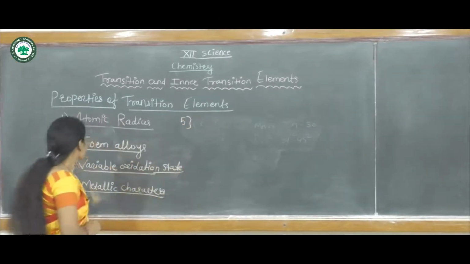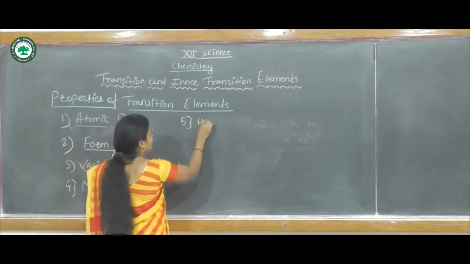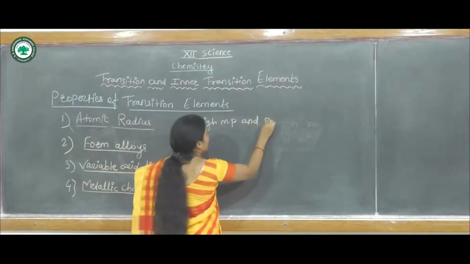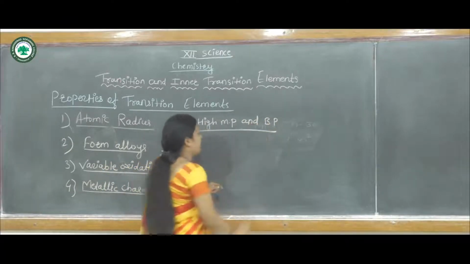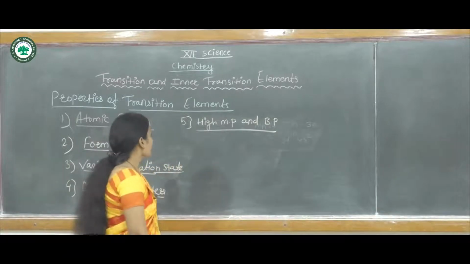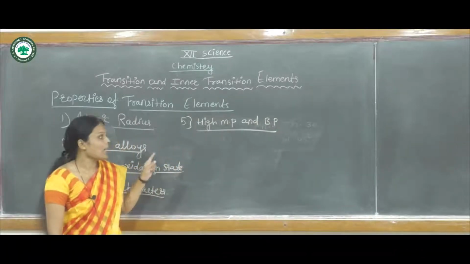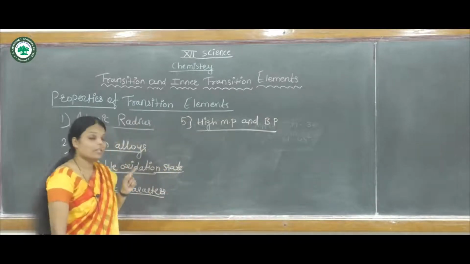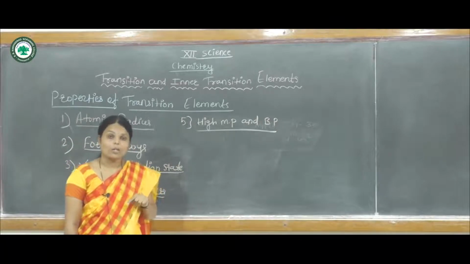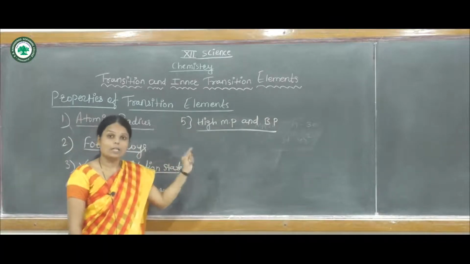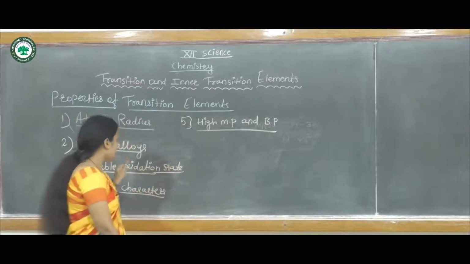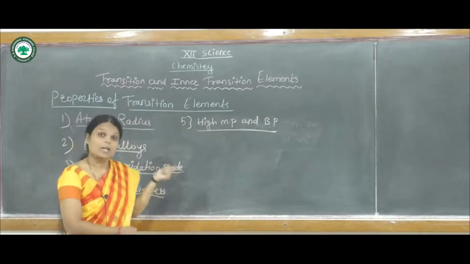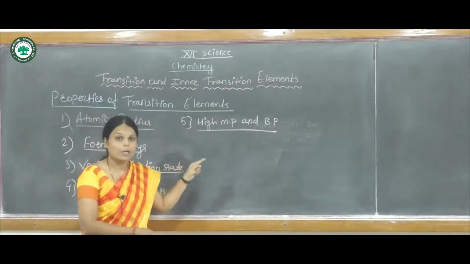Again the reason is the same: it is due to the presence of more unpaired electrons in the d orbital of the transition series, and that's why they show a high melting point and boiling point. They also show metallic character, which is why they have a high melting point and boiling point.